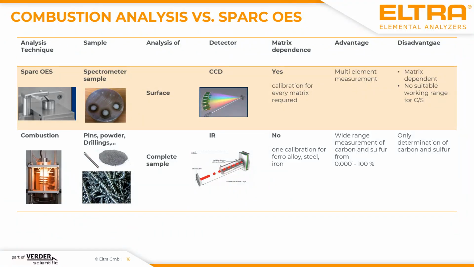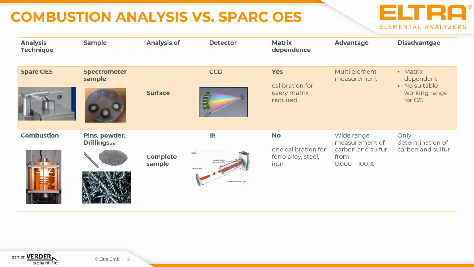Usually this technique is very fine for elements present as a homogeneous sample, for example iron, molybdenum, manganese. They're easy to excite and they are easy to measure. Carbon and sulfur usually are present in low concentration, and this could cause trouble during measurement in a spectrometer. Combustion analyzers are very easy to use.